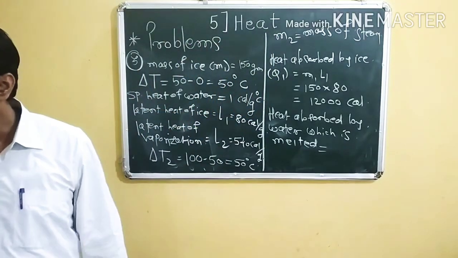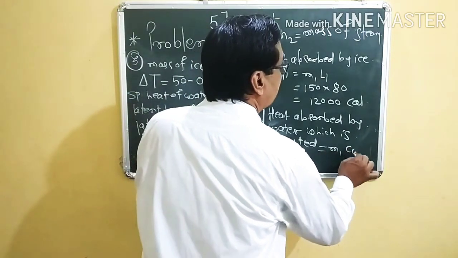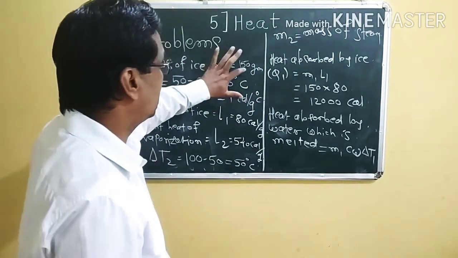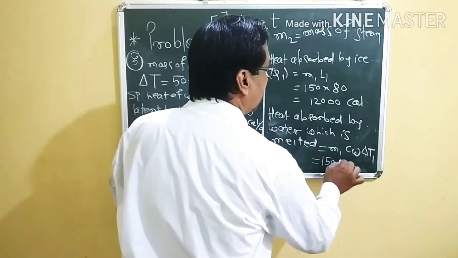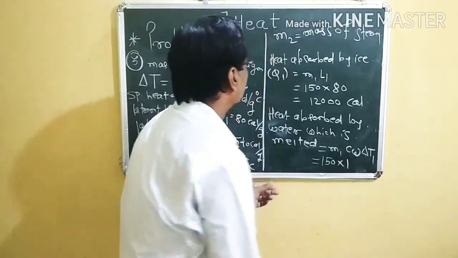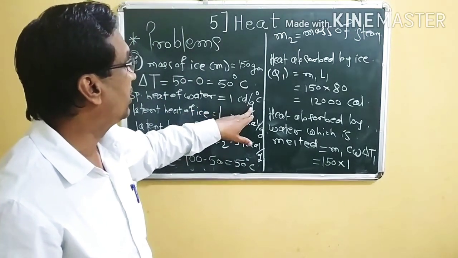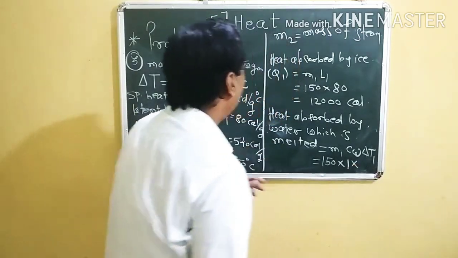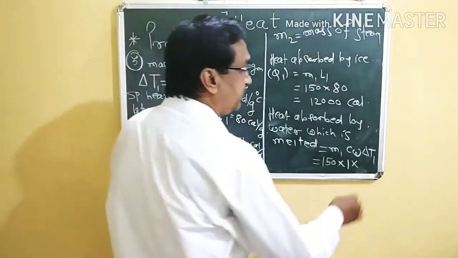Its value is MCT, that is M1 CW delta T1. M1 is the mass, which remains the same, that is 150, into specific heat of water, 1 calorie per gram degree Celsius, into delta T1, and its value is 50.